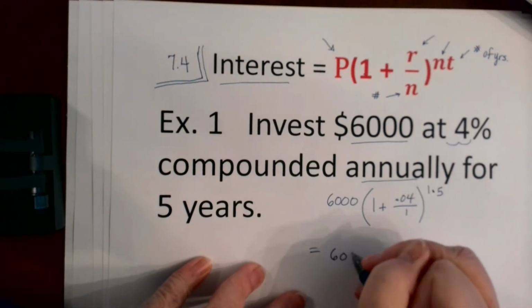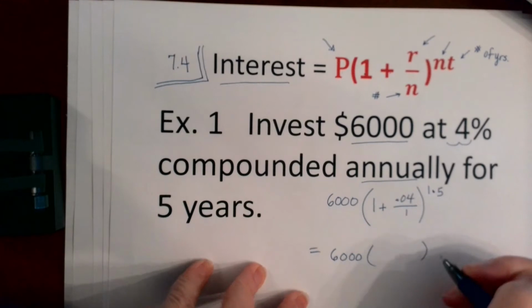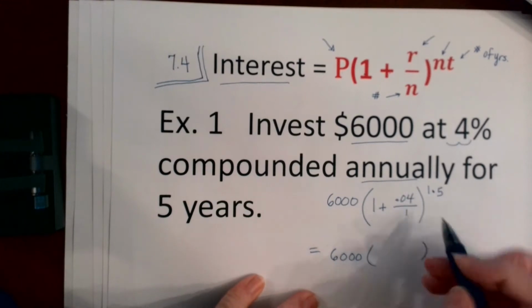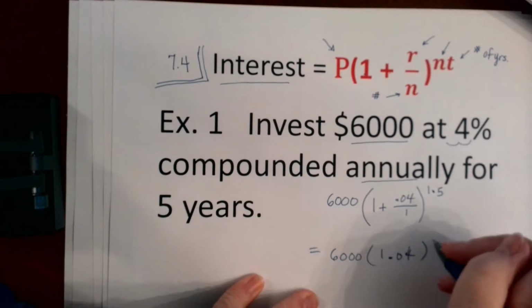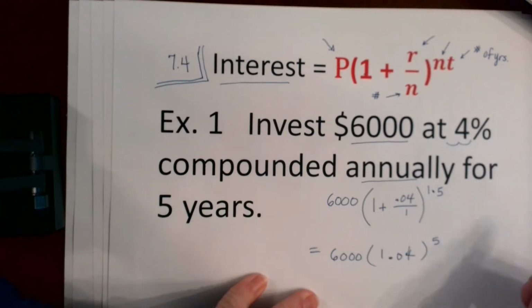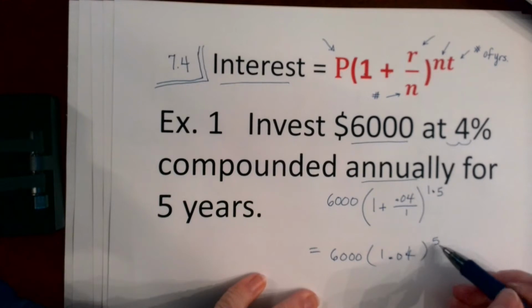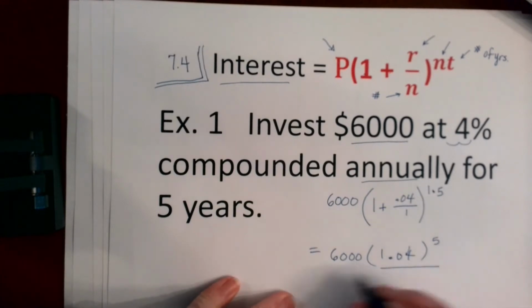6,000 remains. I'd like you to work on the parentheses first, 1 plus 0.04. And then I'd like you to raise that to the 5th power, 1 times 5, first, and then multiply it by 6,000.